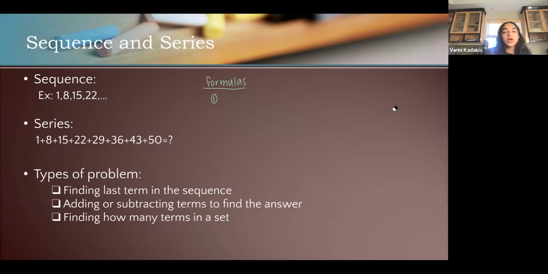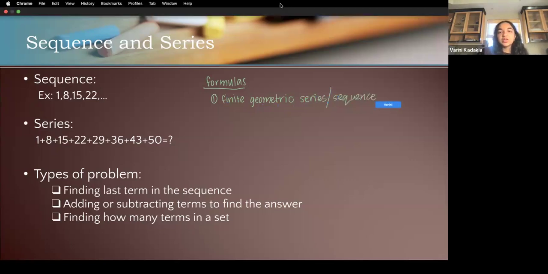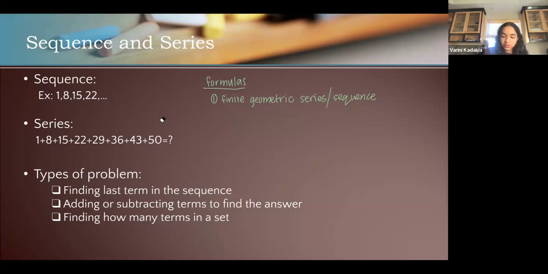The first one is a finite geometric series or sequence. What this means is that the sequence ends at one point. Let's say we have the sequence 1, 2, 4, 8. There are no dots, meaning it doesn't go on.